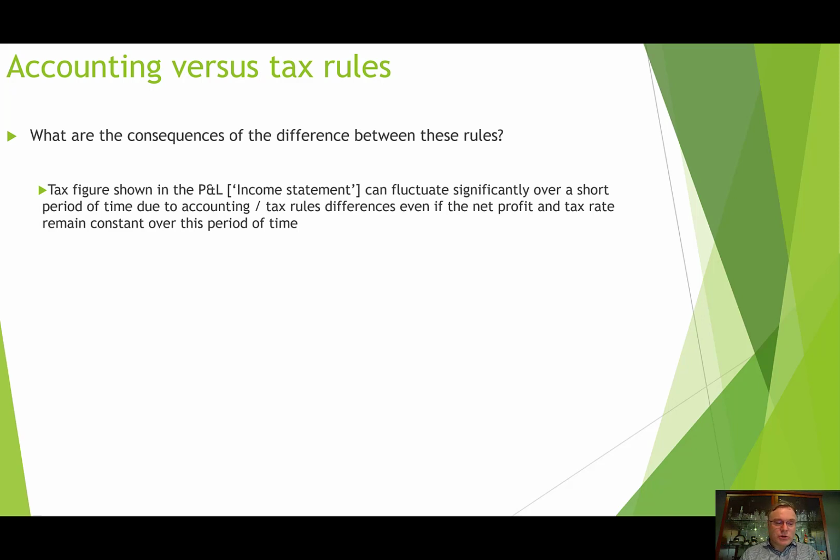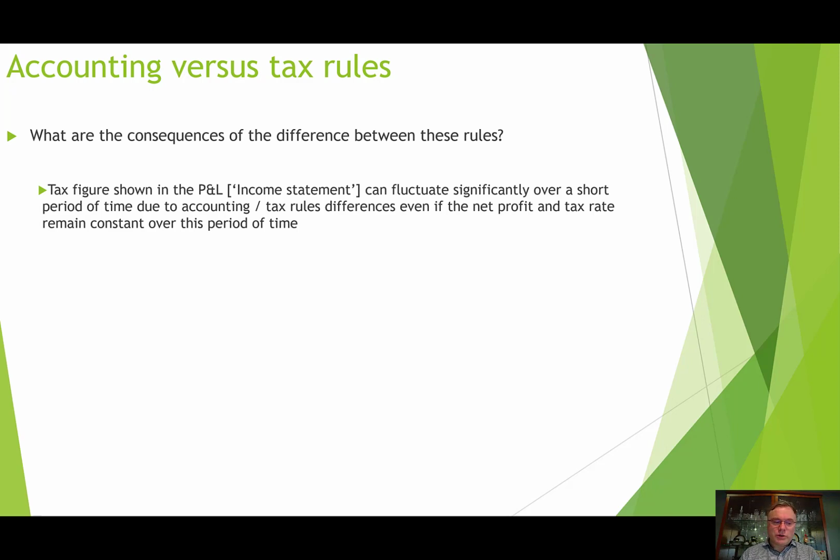One of the problems that this would cause in the absence of IAS 12 is that if investors examine a set of accounts, they may be confused by the value of the tax charge relative to the company's profit. So for example, if an Irish company has a profit of 100,000 for a period, all of which is from trading income, so case 1 income, the investor might expect the tax charge for that period to be 12,500, given that the standard rate of tax on trading income is 12.5%.